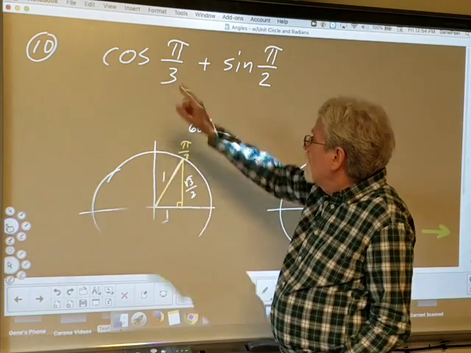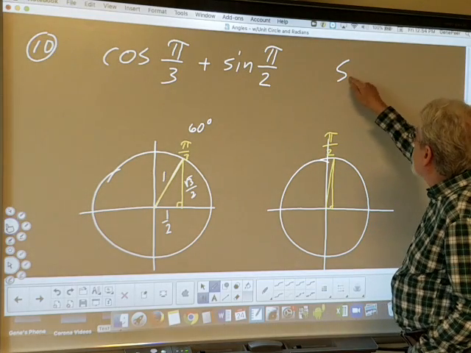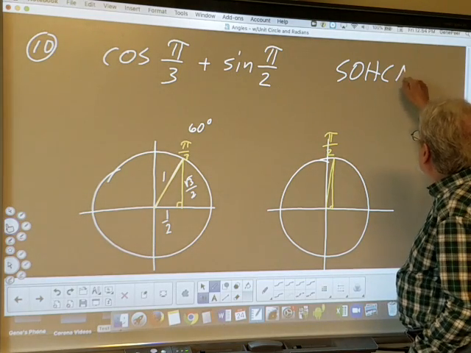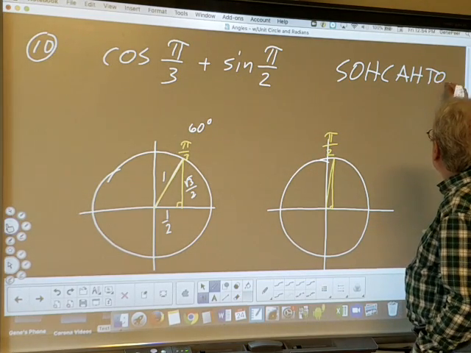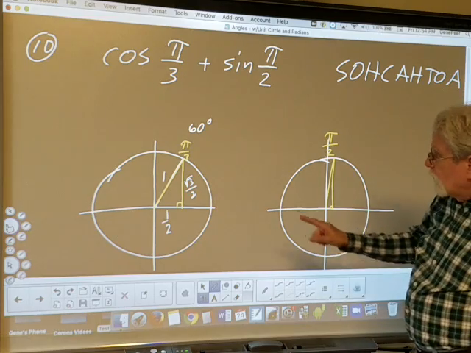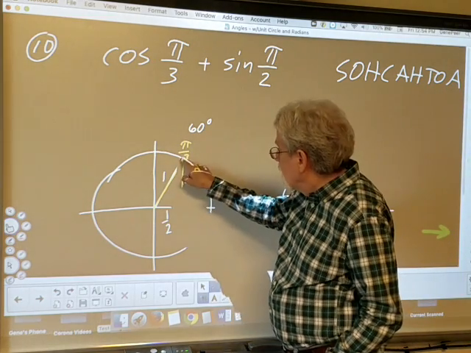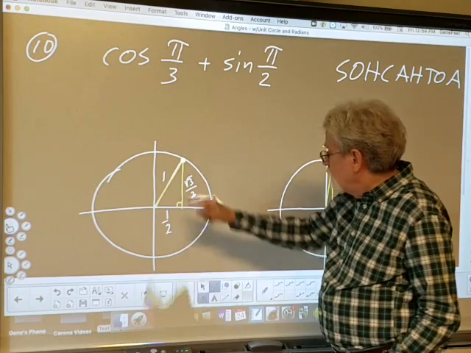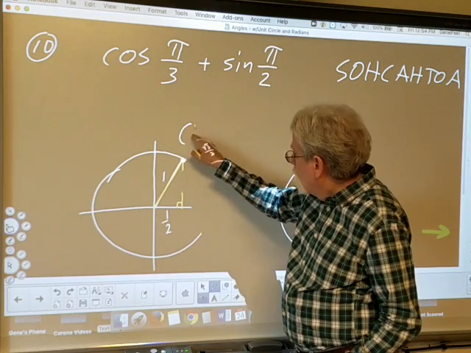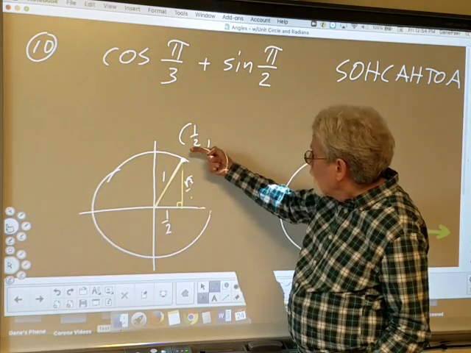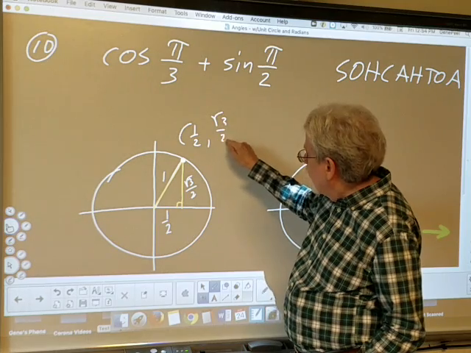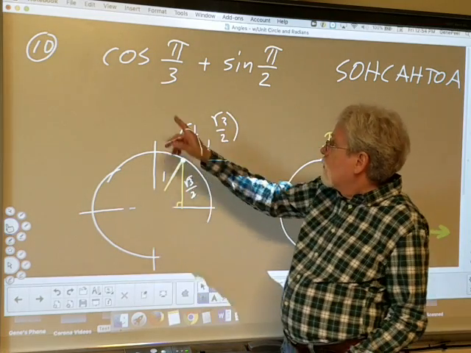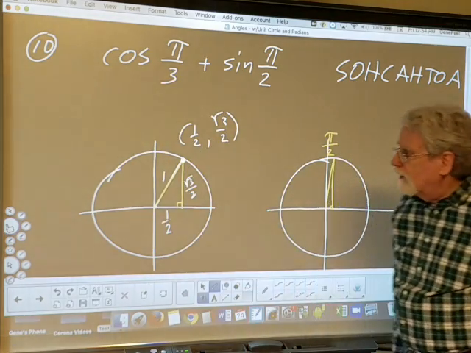So let's find the cosine, and we refer back to our friend SOHCAHTOA. By the way, there is the other way to do it, of course. We can find the coordinates of this point with great ease, correct? The coordinates of that point would be 1/2, square root of 3 over 2. And do you remember the old definition of cosine?